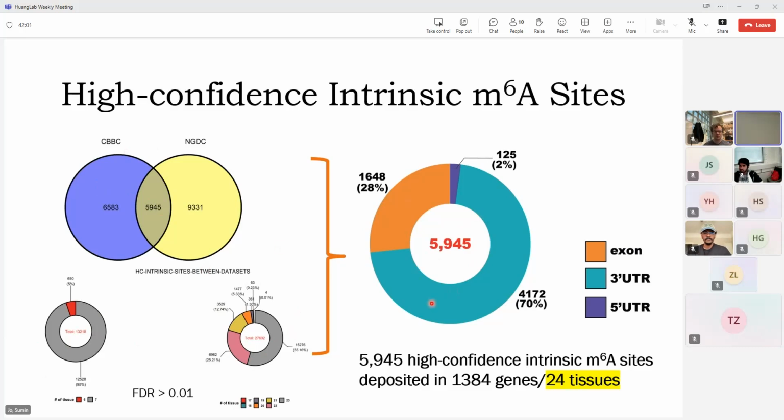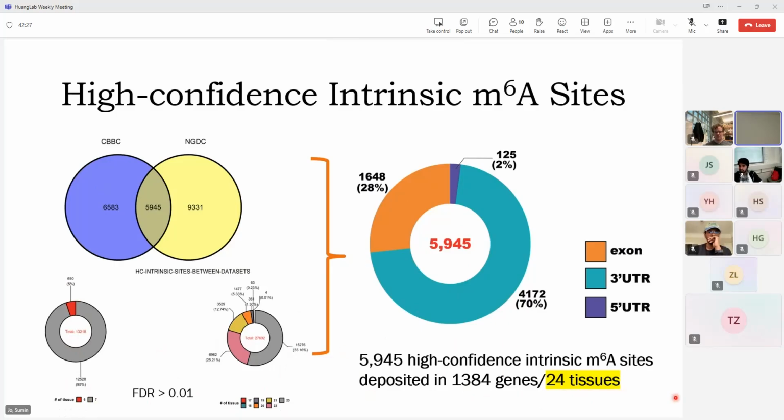These sites are technically shared in 1,384 genes across 24 different tissues. It's a little bit confusing, but 6 tissues in CBBC are also in NGDC, while the kidney tissue is only in the CBBC dataset. So if we overlay these two datasets together, we have a total of 24 tissue types across the 2 datasets.